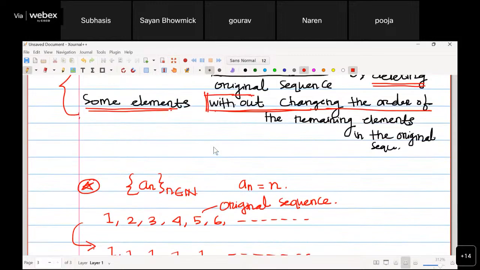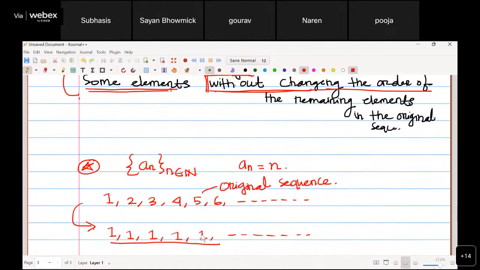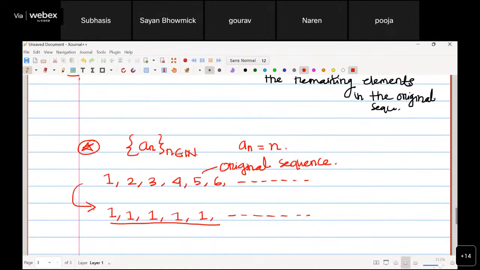Which is not allowed, because if I delete a few elements in my original sequence, then I will never get this sequence, because as you can see in my original sequence, one is appearing only once, right?